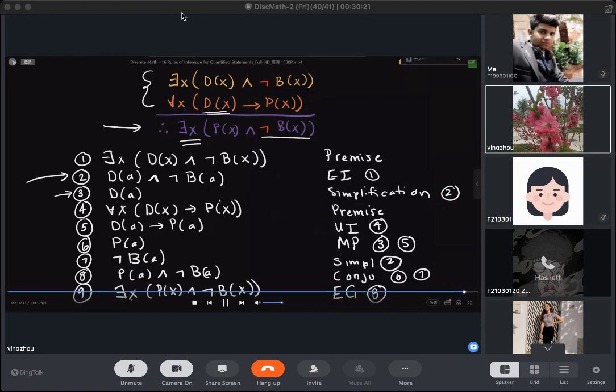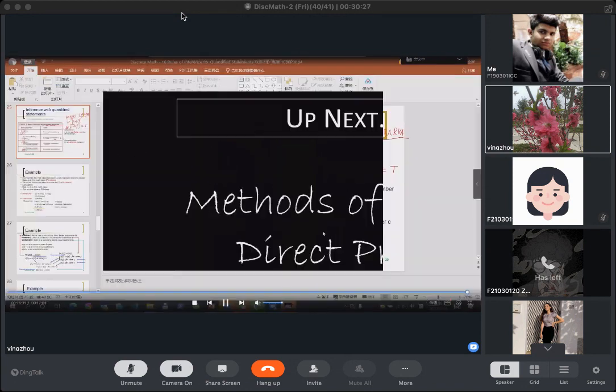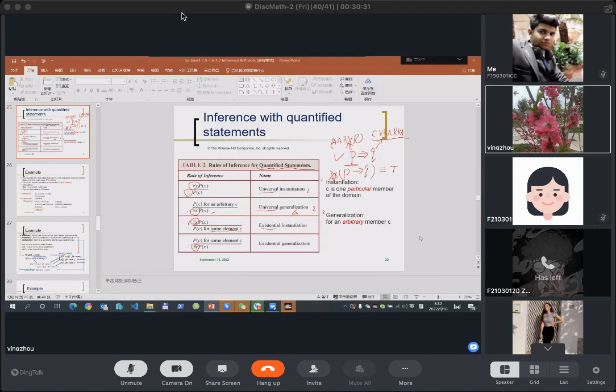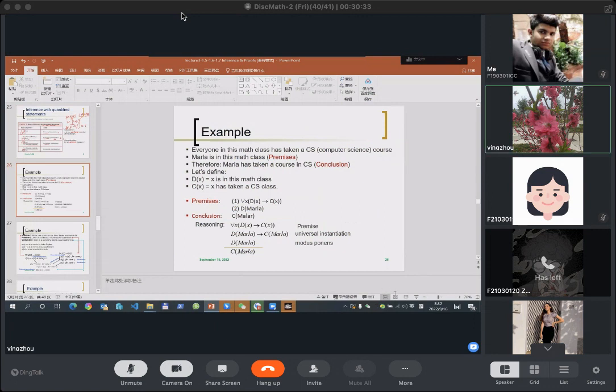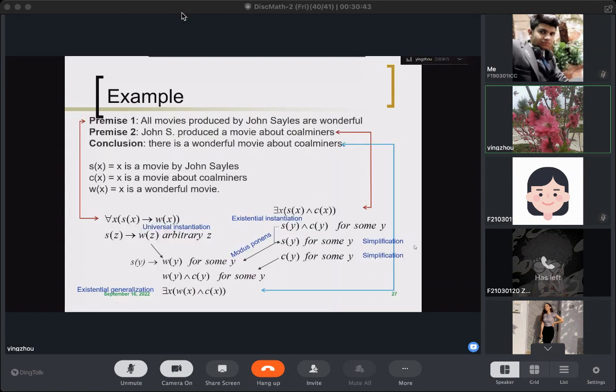Were you able to follow all of those steps? I know those can be very difficult, so the best advice is practice, practice, practice. Here we already give you some examples, and this example shows you inference or proof using many of these rules.